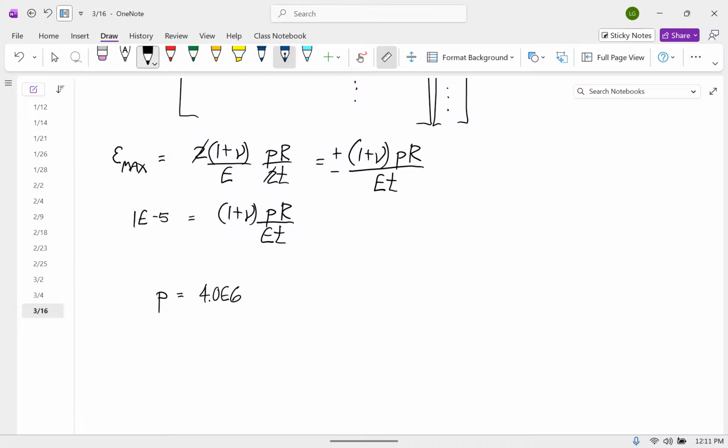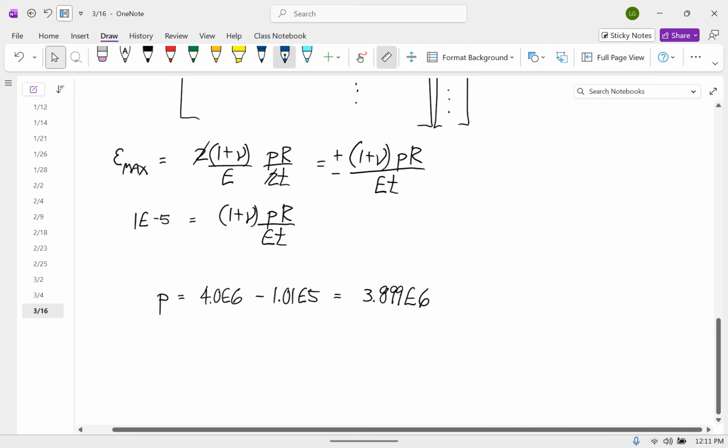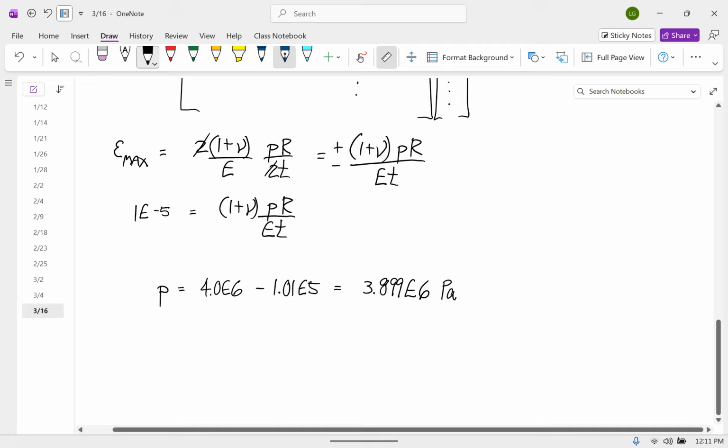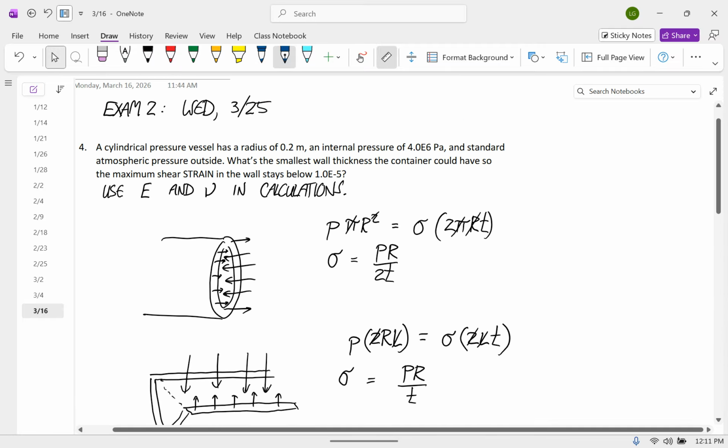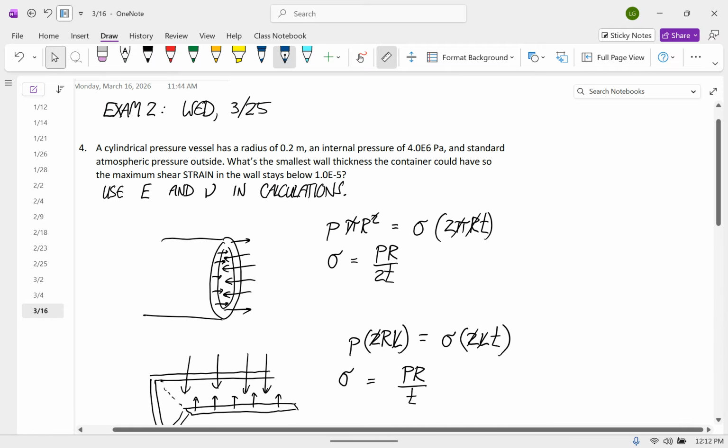That's the inside pressure minus standard atmospheric pressure on the outside. So what's that? 3.899 times 10 to the 6th, something like that. That's our P. And then we have 0.2.